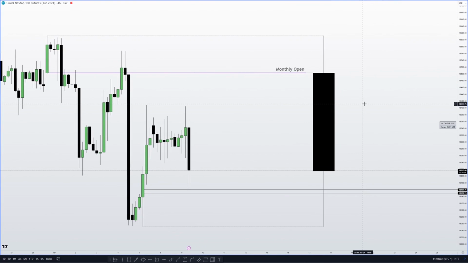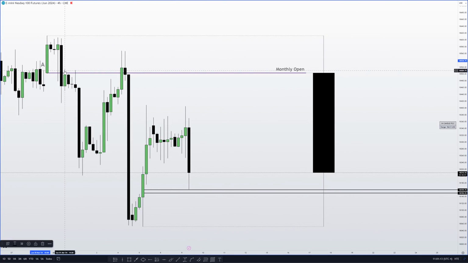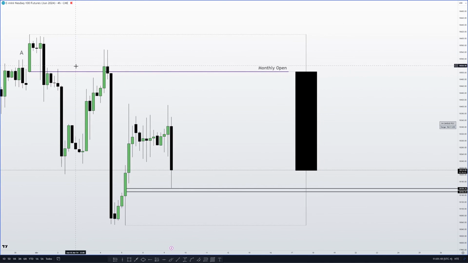So if you think about power of 3 phases, what is this? Accumulation. What is this? Probably the accumulation, the first phase in one power of 3.